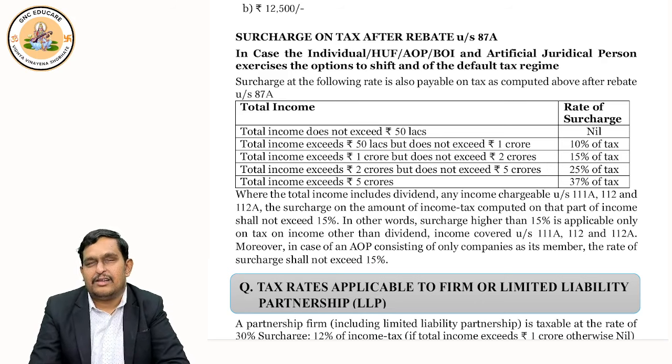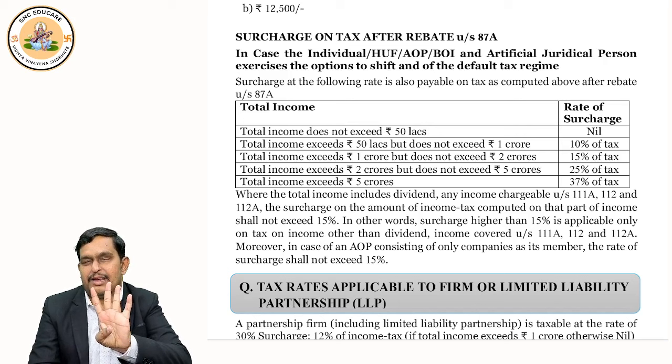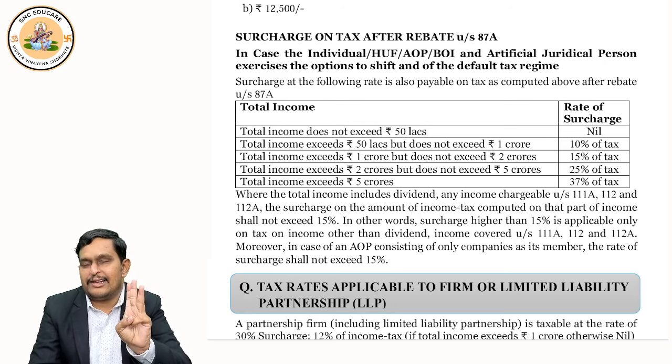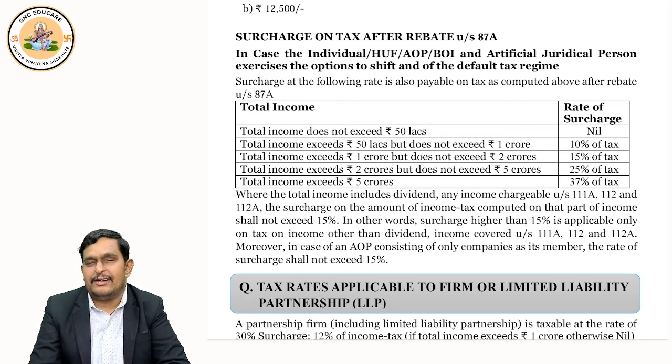If you sell real estate, capital assets, then section 112. And dividend income is anyhow known to you. If these four incomes are there, what are they? Dividend income, long-term capital gain under 112, short-term capital gain under 111A, long-term capital gain under 112A. If these four are there, then your surcharge will be restricted to 15%.